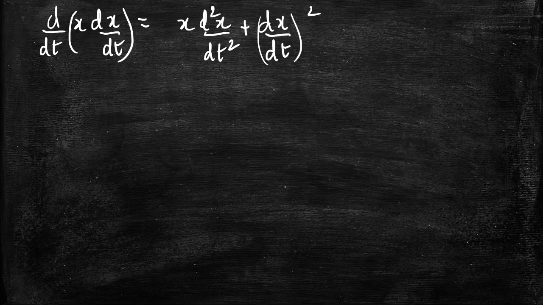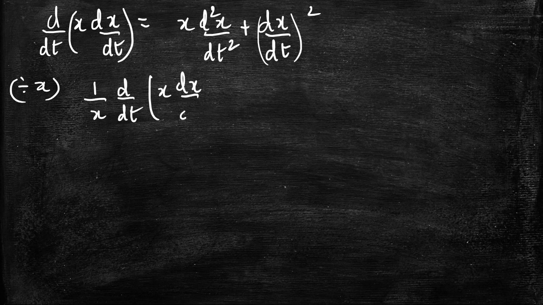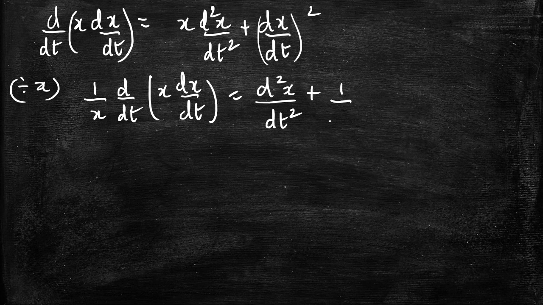On dividing this equation by x, I'll get 1 by x d by dt of x dx by dt, which will be equal to d square x by dt square plus 1 by x (dx by dt) the whole square.